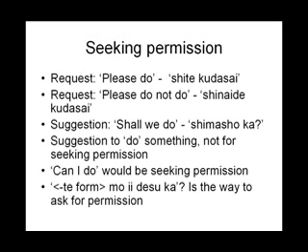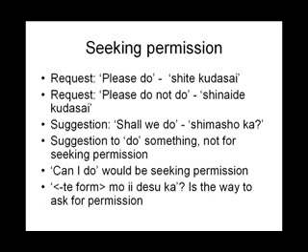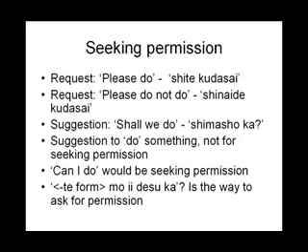Let me pull together some of the learnings from the last few lessons. Please do would be a request. The sentence could end in shite kudasai. Please do not would also be a request. The sentence could end in shinaide kudasai. Shall we do will be a suggestion.